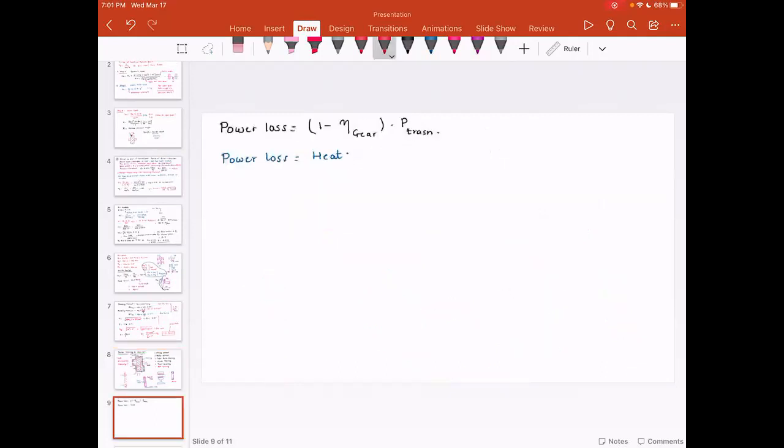So to do that, what we do is we say K times area of housing multiplied by delta T. And this K is the heat dissipation coefficient.